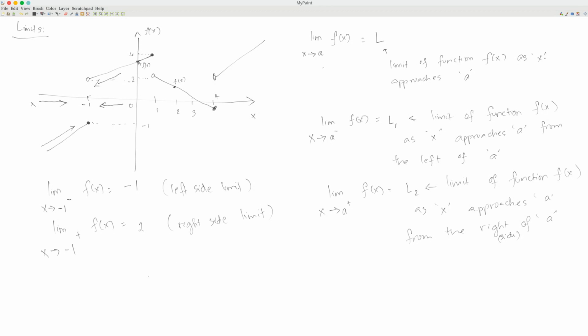An important note is, if the left side limit and right side limit at x equals a are the same, then the limit exists at x equal to a.